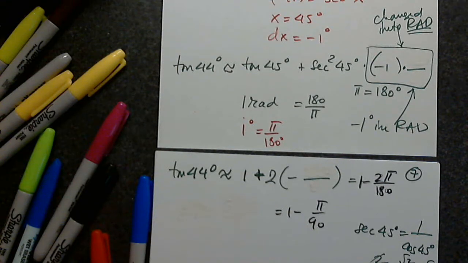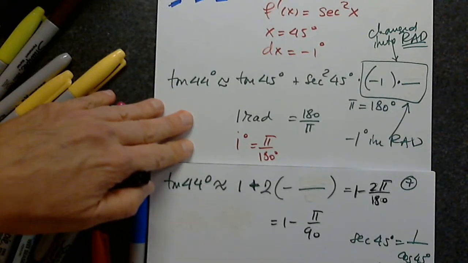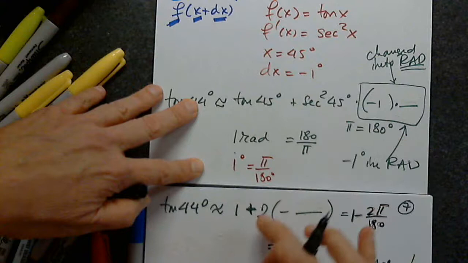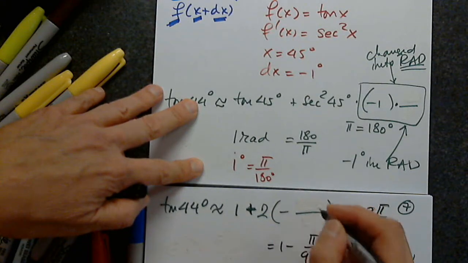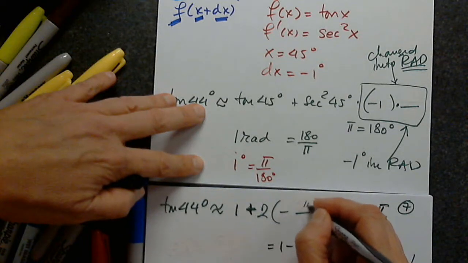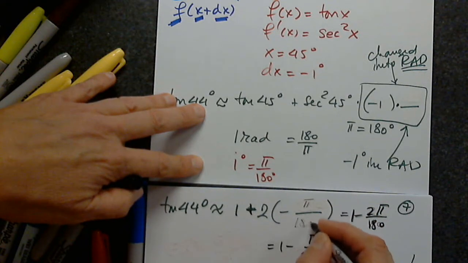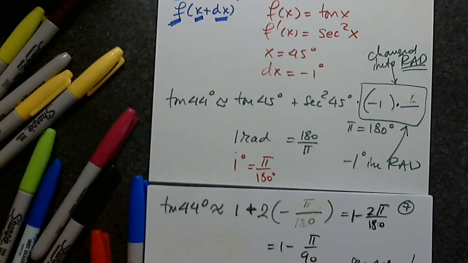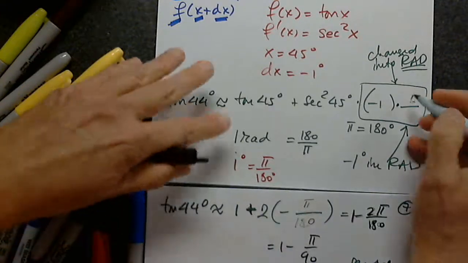How'd you get pi over 90? I guess 2. So this is plus 1 minus 2. Yeah, so this is the 2. You have to change over. So this is pi over 180. So this is pi over 180.